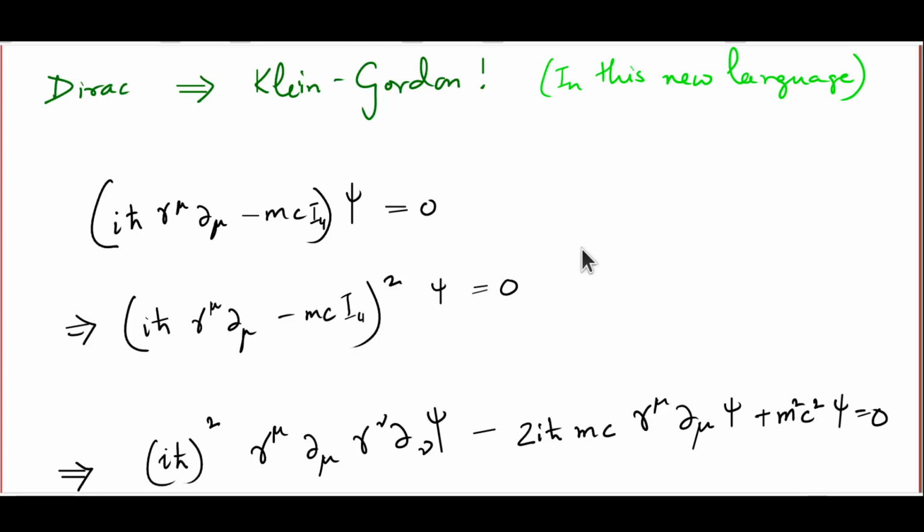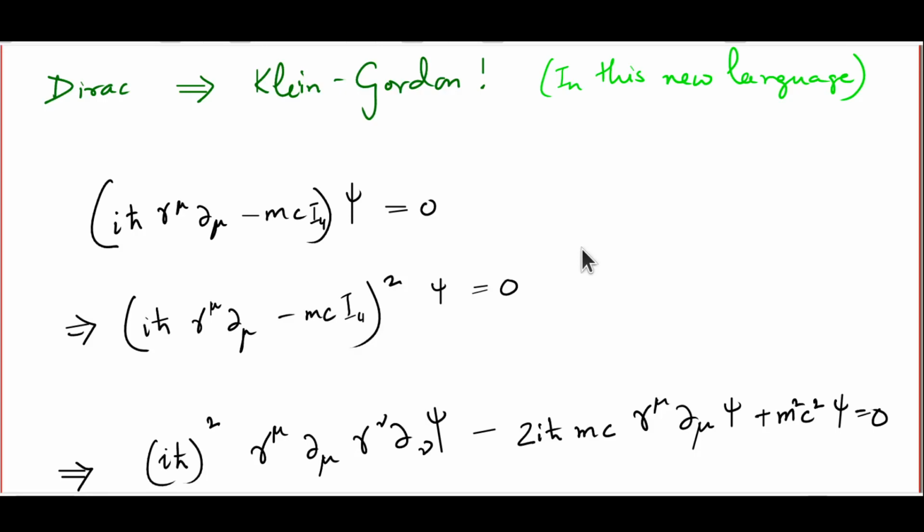Now let me quickly take a look at the middle term and remind you that according to the Dirac equation, i h cross gamma mu del mu psi is mc psi. So here, if you look at the i h cross gamma mu del mu psi combination, that is being multiplied by twice mc.